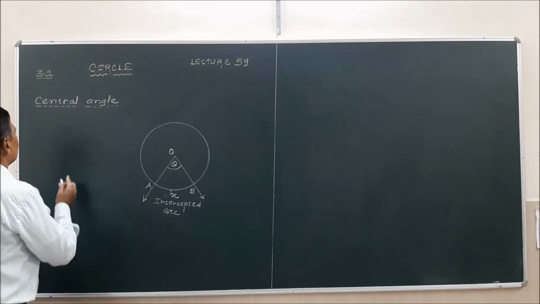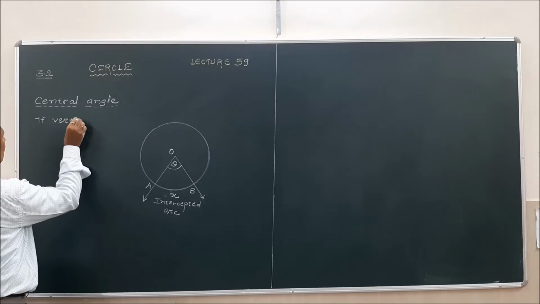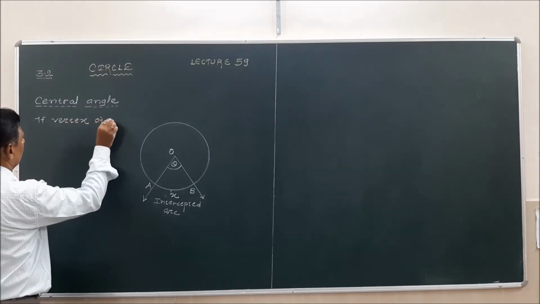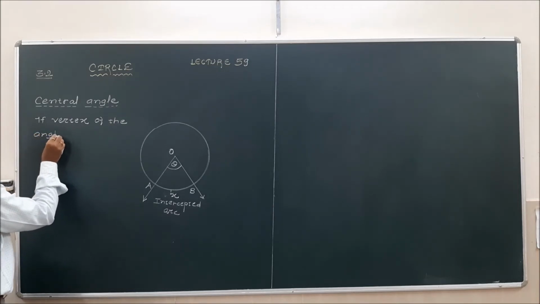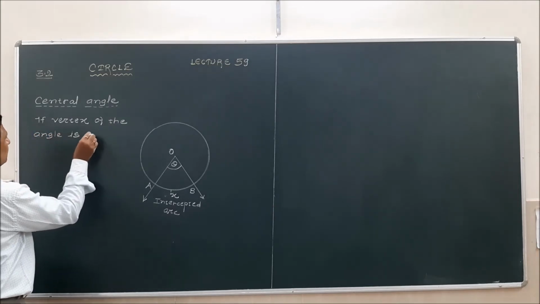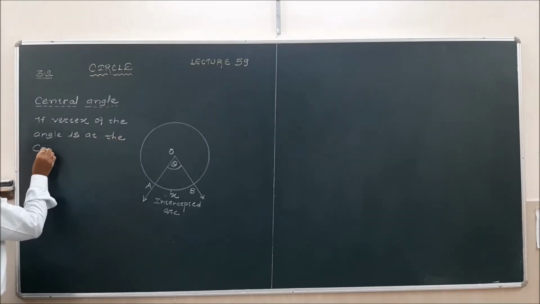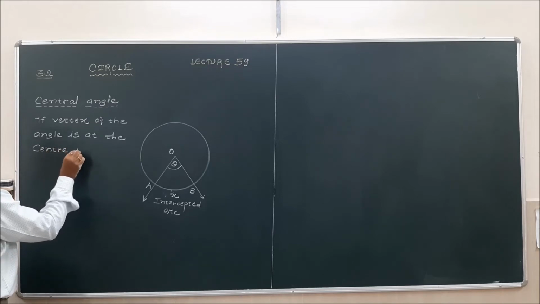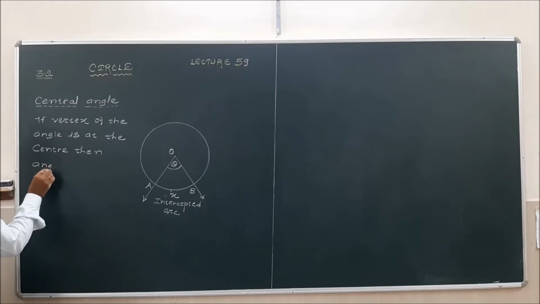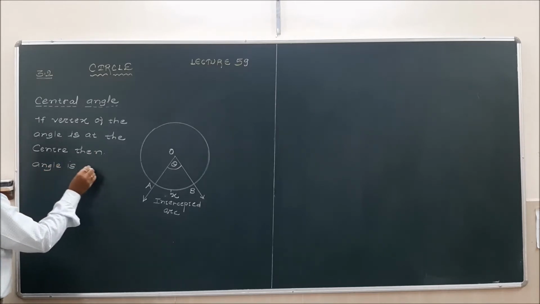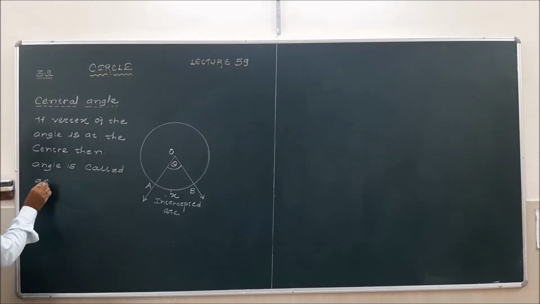So you can say, if the vertex of the angle is at the center, then the angle is called a central angle.